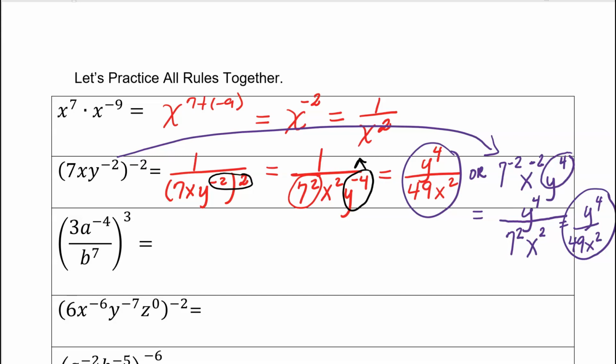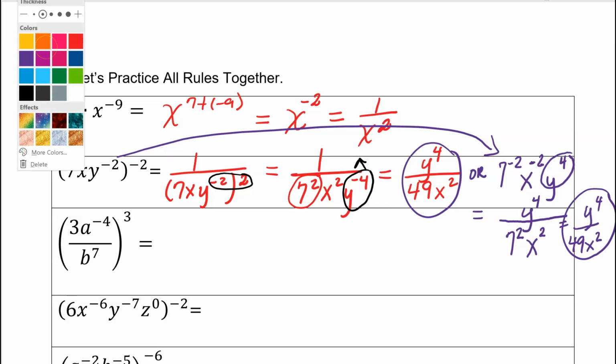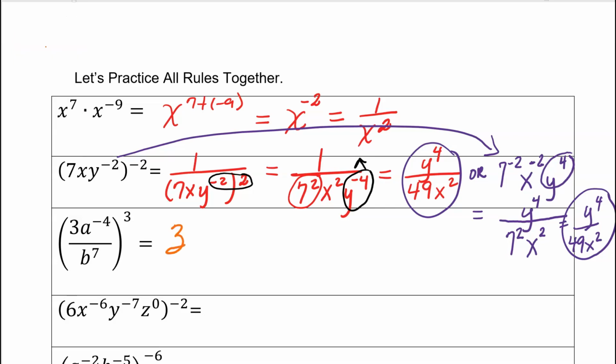Next, let's move on to this problem here. We have 3 to the 3rd. If you want to go ahead and take everything to the 3rd power, a to the -12th power over, and so don't forget the denominator as well, b to the 21 power.